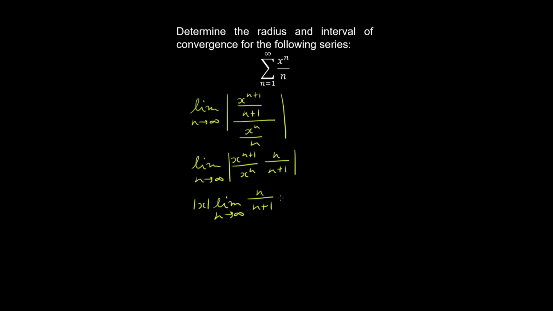And therefore the limit evaluates to 1. So this series converges when the absolute value of x is less than 1. Or this can be written as minus 1 less than x less than 1.